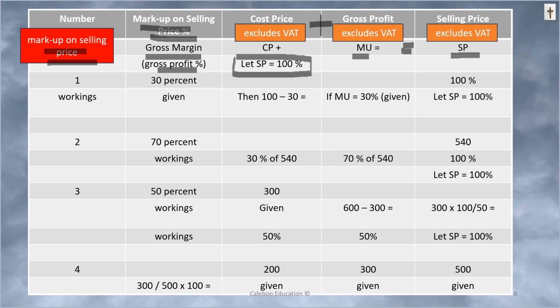And in number 1, let's have a look. We're given the markup on the selling price is 30%.